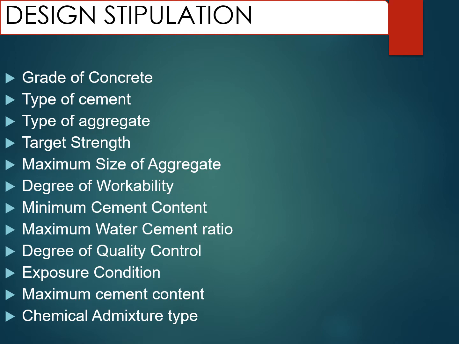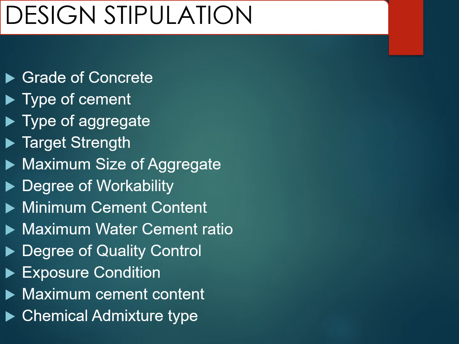Maximum size of aggregate for which the concrete is being designed can be 10 mm, 20 mm, 40 mm, or even 150 mm, depending upon the use and the degree of requirement.